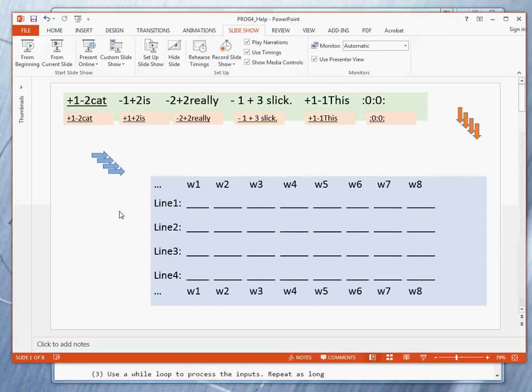Once you identify the line, you know which line of the paragraph that you're working with. All right, and once you identify the line, you need to have a switch that says by line. If I know what line I'm in, and if I know what word I am, I know where to make the insertion.